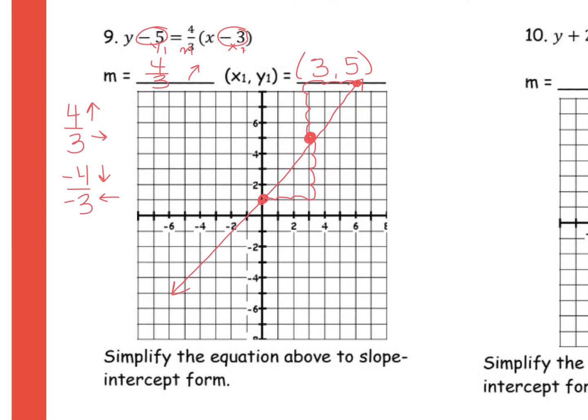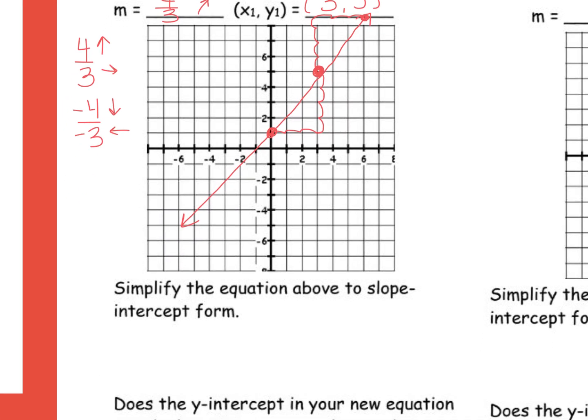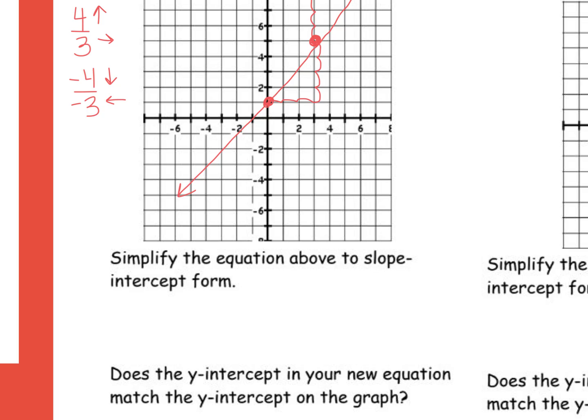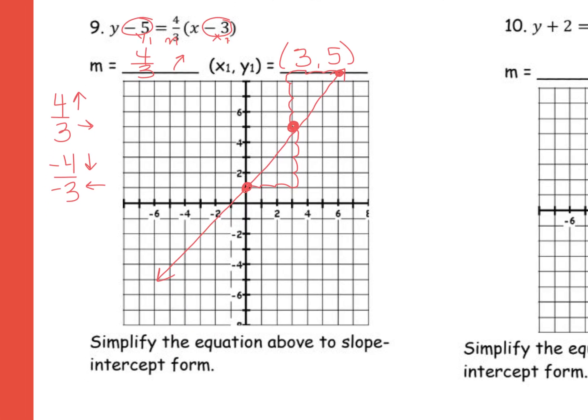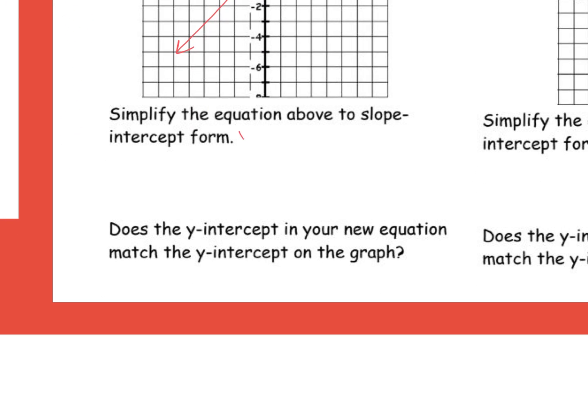Simplify the equation above to slope-intercept form, and then does the y-intercept on our new equation match our y-intercept in our graph? So if I'm going to take y minus 5 equals 4/3 x minus 3.